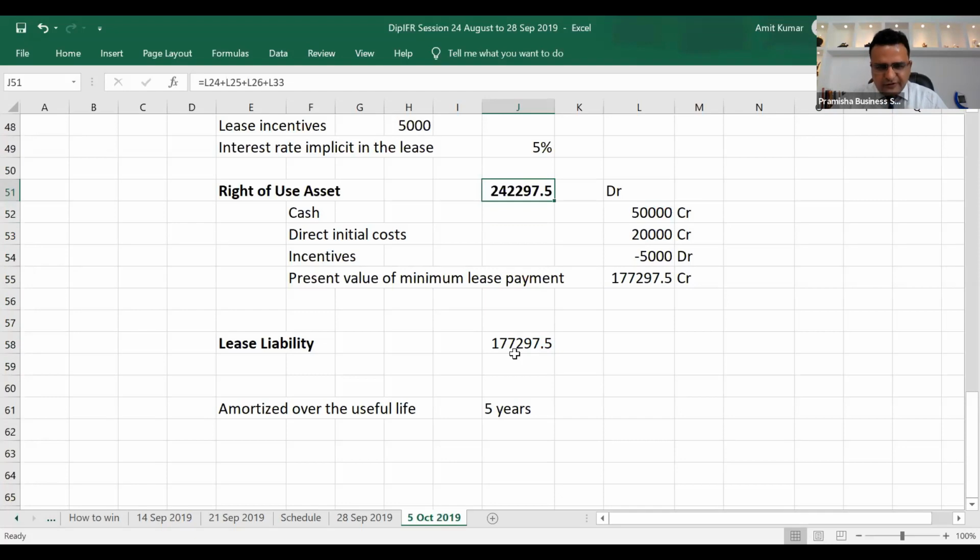It's kind of an investment. Like if we are purchasing an asset, we pay out money outrightly. Now we are purchasing an asset indirectly in the form of buying the right of use. We are not buying the asset, we are buying the right of use. The cost of buying that right of use is costing us 242.